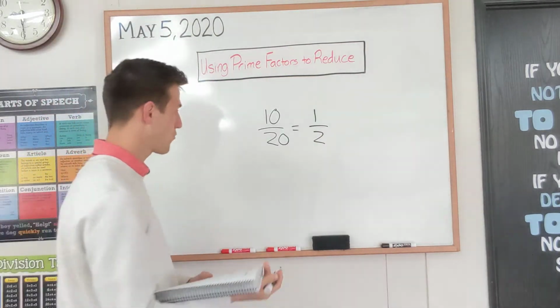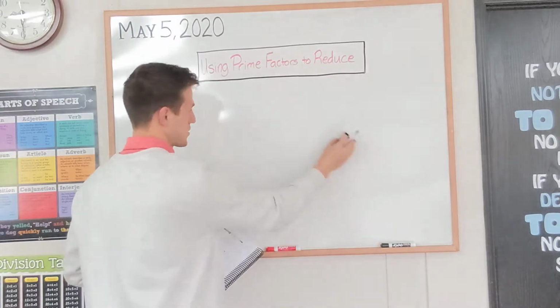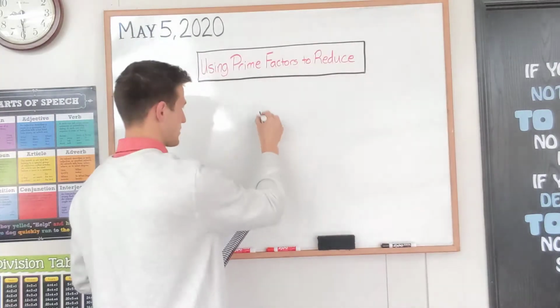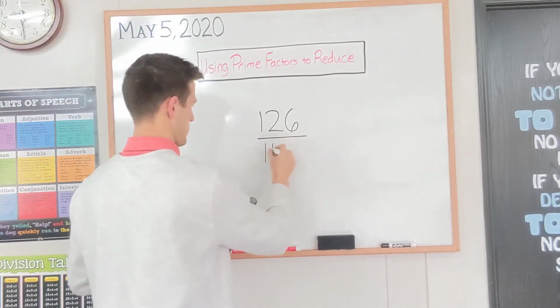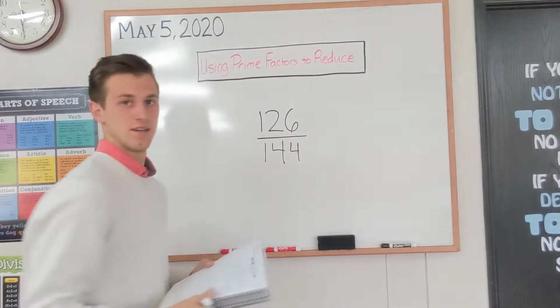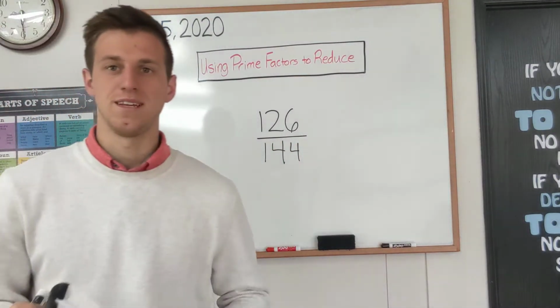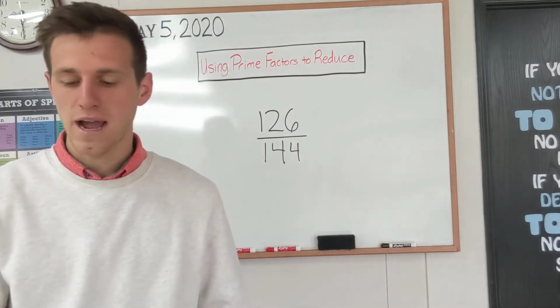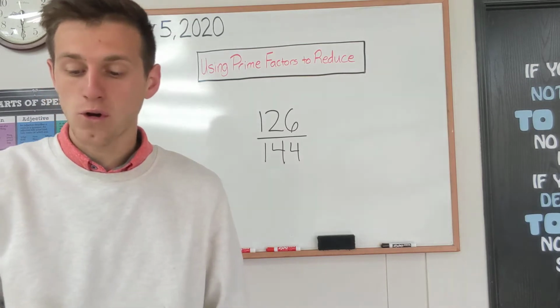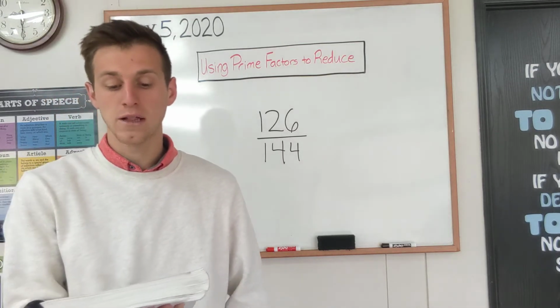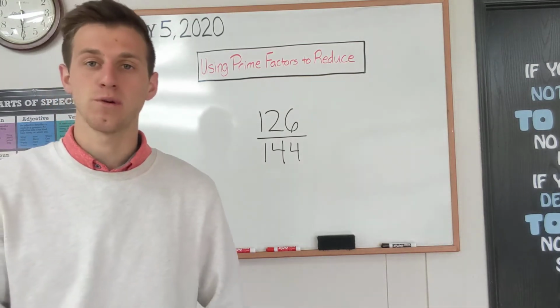But what if we have a fraction like this? It's pretty big, right? Might take a little more to just do that in our head. However, the larger the terms of the fraction, the more likely we are to miss a common factor when reducing.